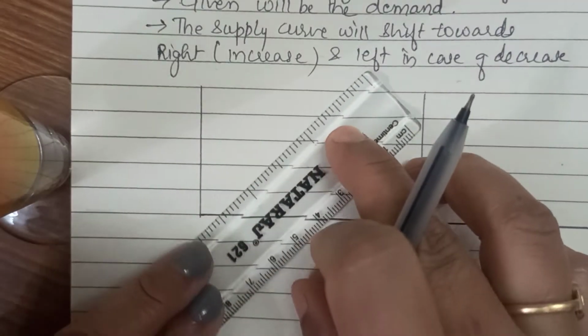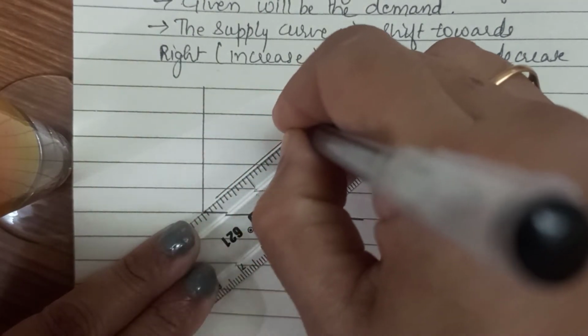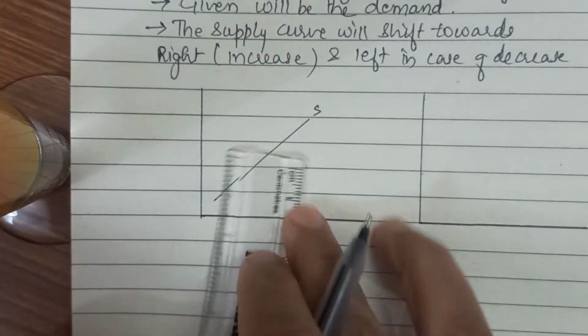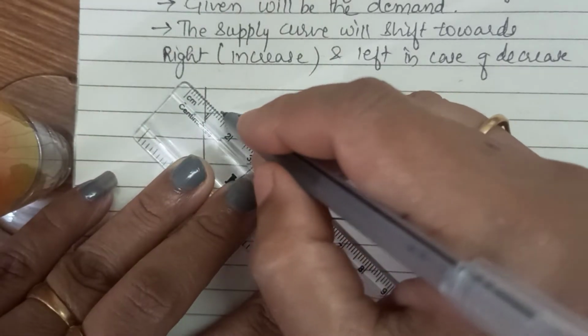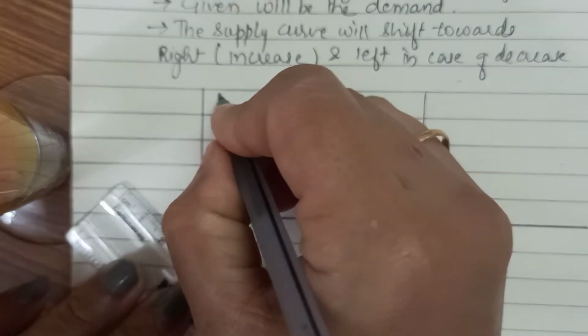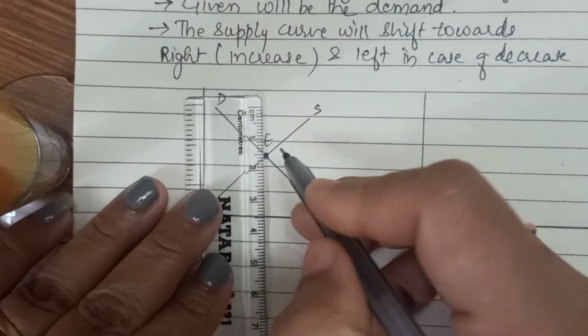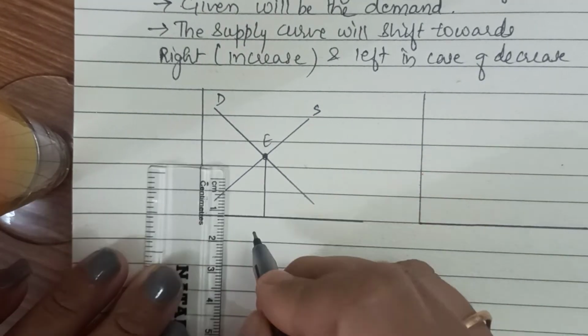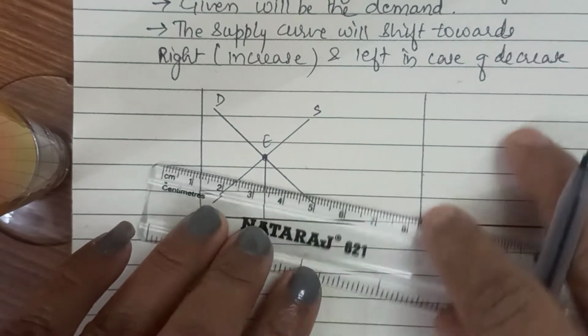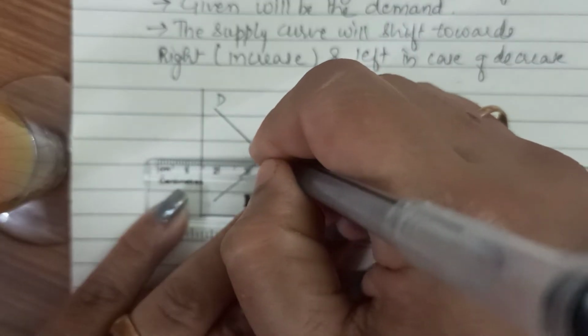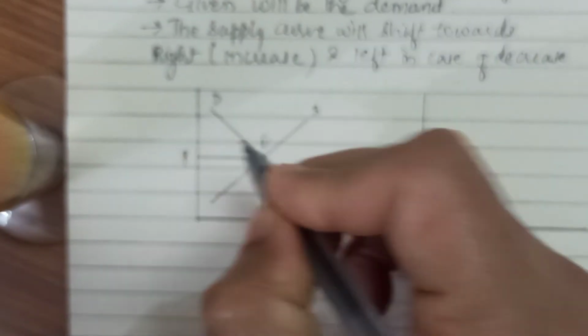Now we all know the upward rising supply curve and downward sloping demand curve. Equilibrium point, equilibrium quantity, and equilibrium price.